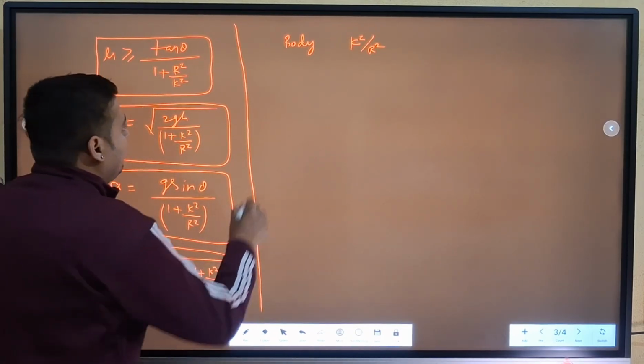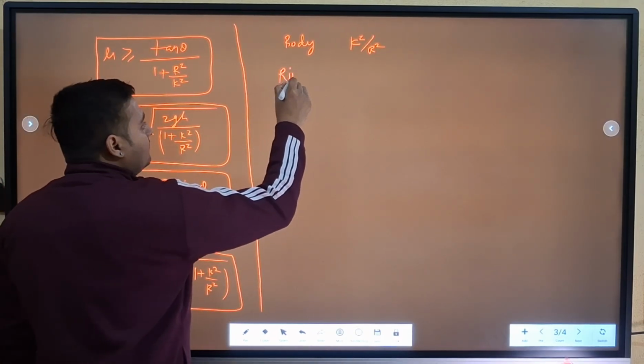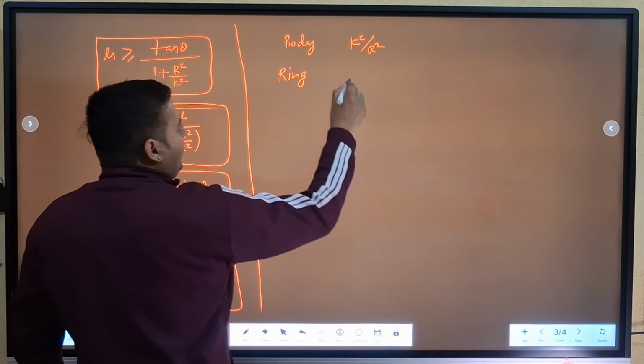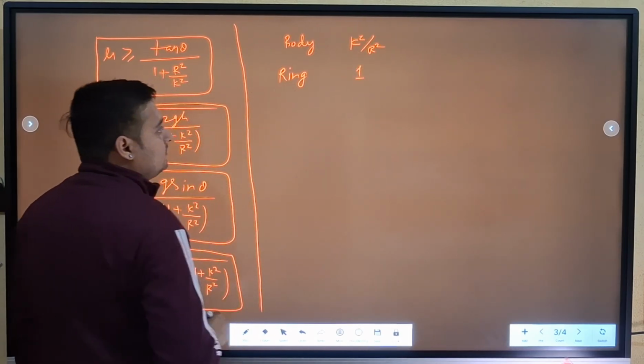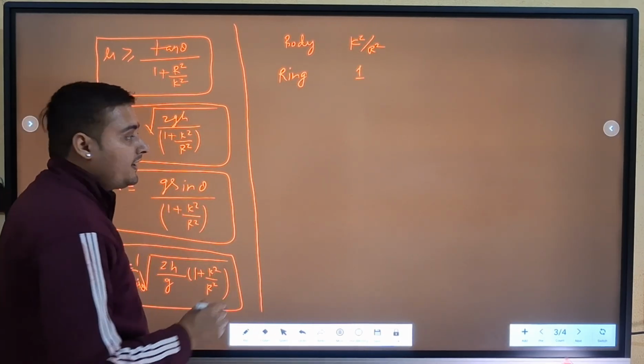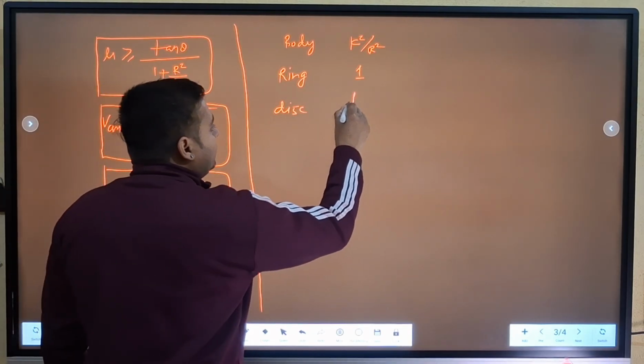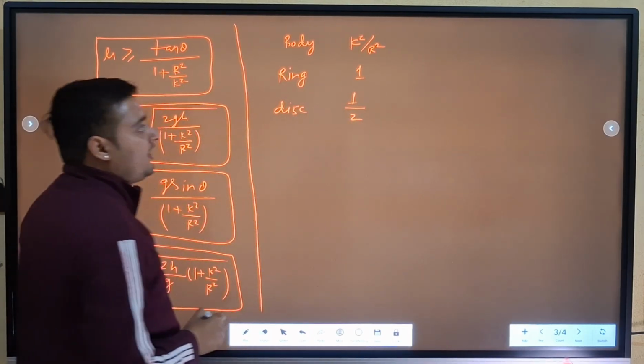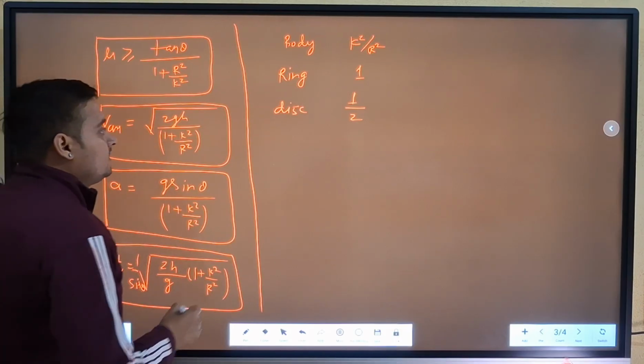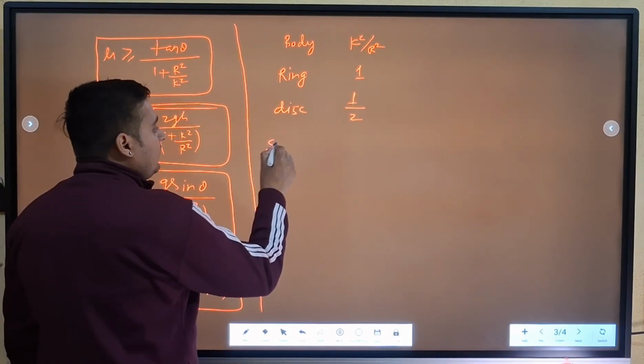First body, we take the ring. For a ring, k²/r² is equal to 1. Second body is the disc, for which the k²/r² value will be half. Third we take the solid sphere.